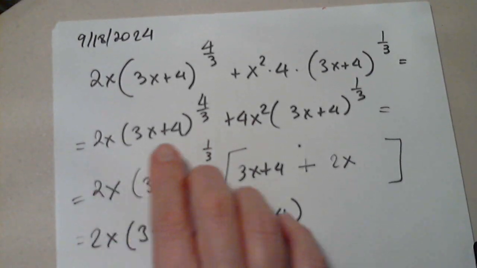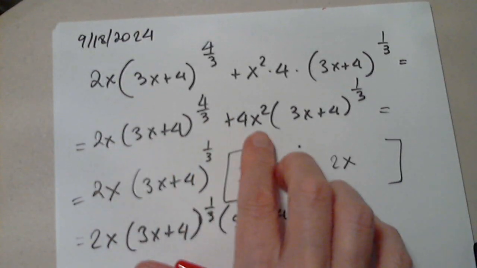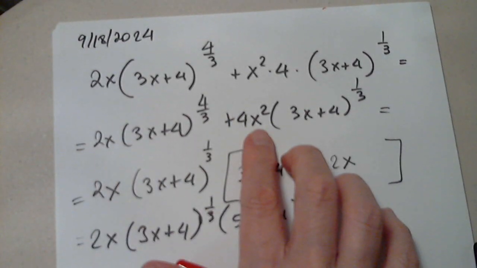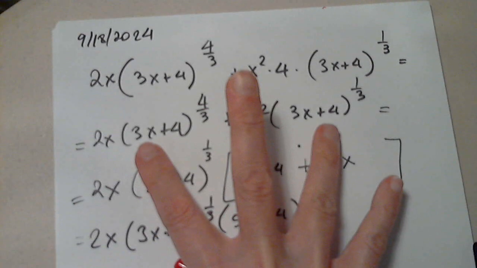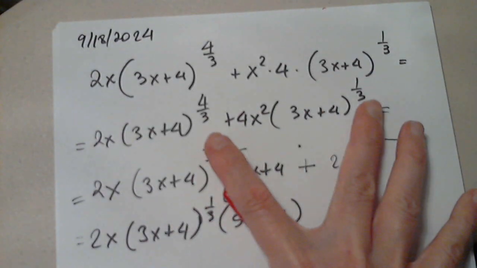So I have 2x here and I have 4x squared here. Yeah, you took 2x out. So 2x is common to both. Then 3x plus 4 is common to both. And I have to choose the smallest power.